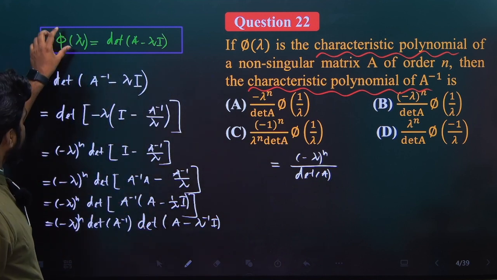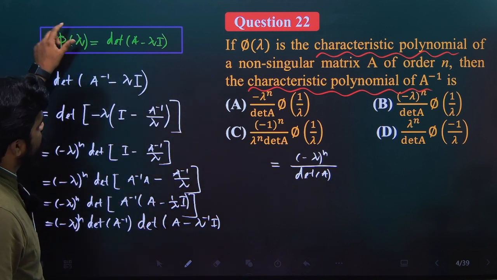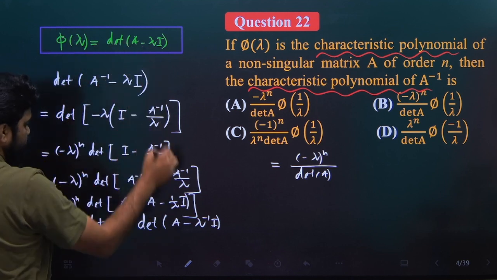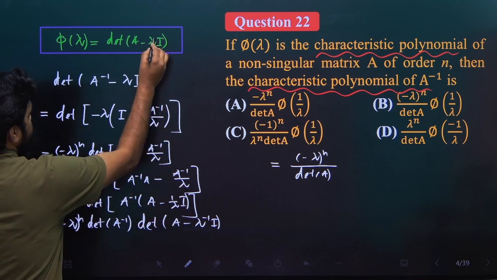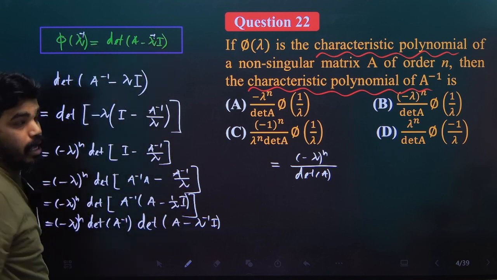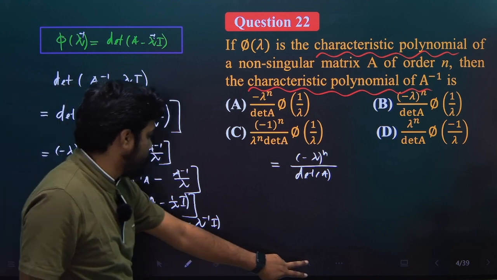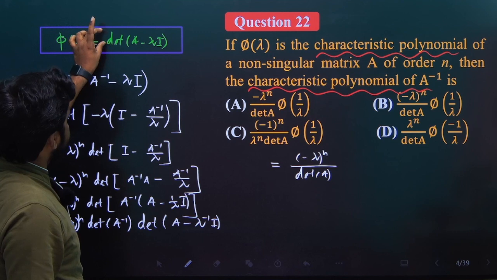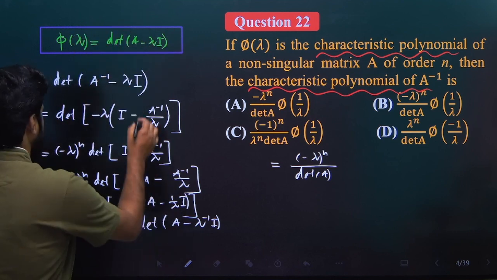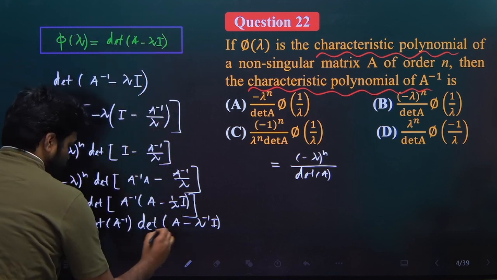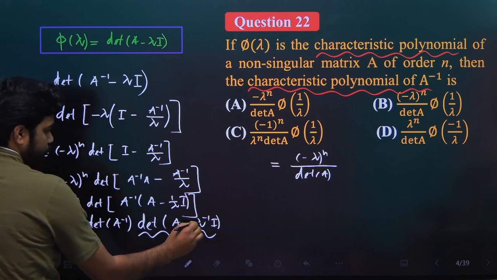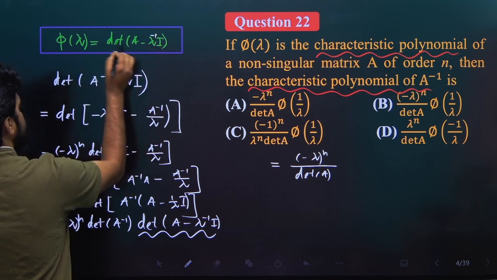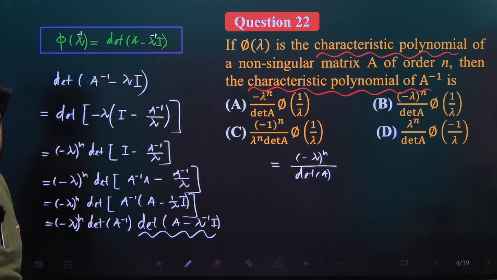Just see what is phi lambda. Phi lambda is the characteristic polynomial, that is phi lambda is determinant of A minus lambda I. So determinant of A minus lambda inverse I will be phi lambda inverse. I repeat, phi lambda is the characteristic polynomial, that is phi lambda is equal to determinant of A minus lambda I. So this will be phi lambda inverse.